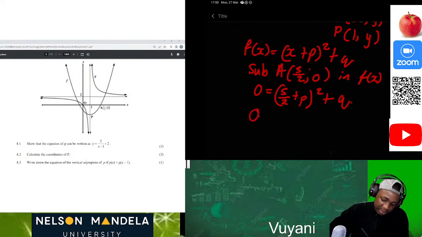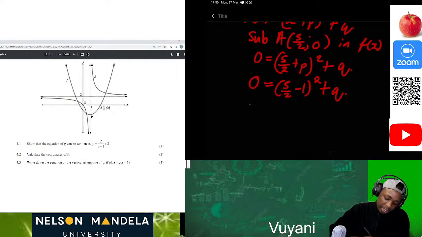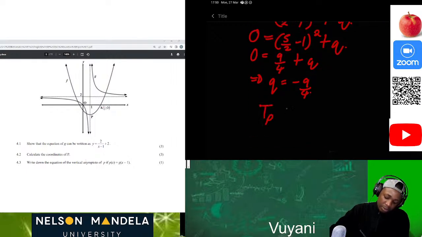So substituting that point, p is going to be, since it's positive, when we plug it here, 5 over 2 plus negative 1, squared, plus the value of q, so that we can get q. Then we just use our calculator. We get 0 is equal to 9 over 4 plus q. Then q will be equal to negative 9 over 4. So we can see that the turning point will be P (1, negative 9 over 4).